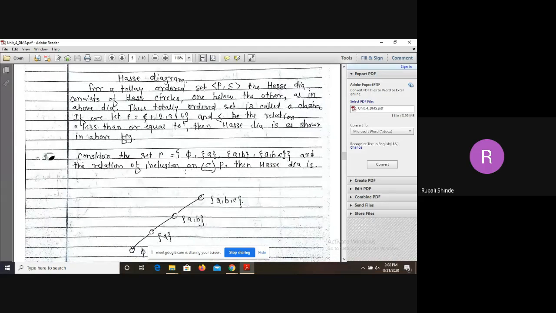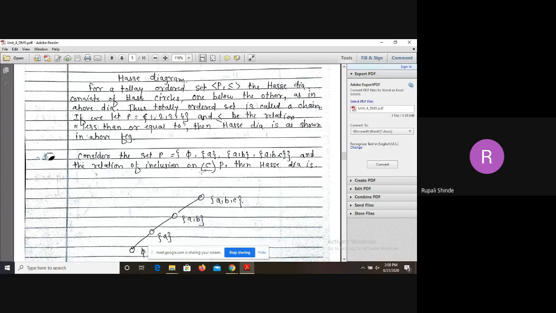Now consider the second one. Here set P is given which consists of 4 subsets. First one is phi, second one set A, third one set A comma B, fourth one is set A comma B comma C. And here the relation is given as subset relation or inclusion relation.